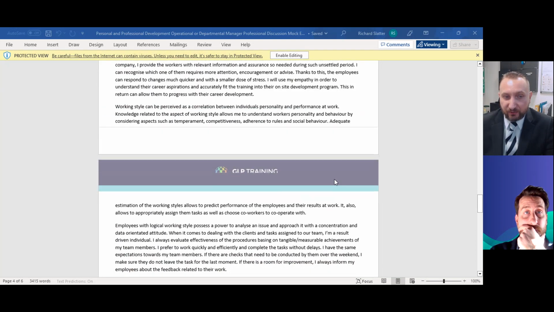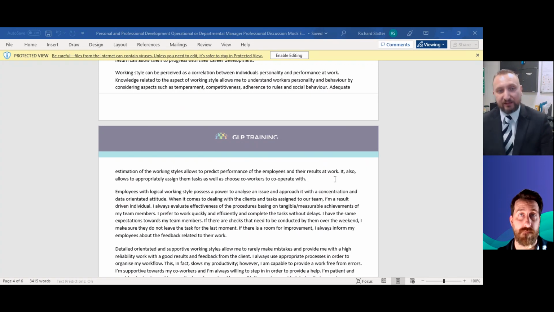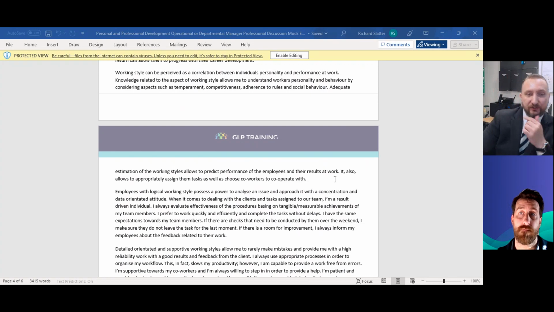Working style can be perceived as a correlation between individuals' personality and performance at work. Knowledge related to the aspect of working style allows me to understand workers' personality and behavior by considering aspects such as temperament, competitiveness, adherence to rules, and social behavior.